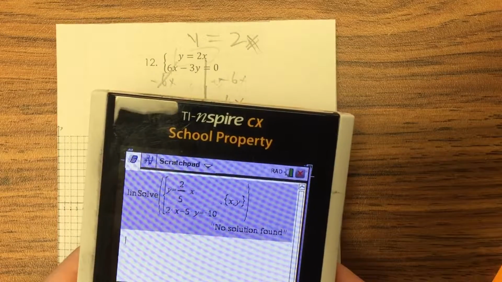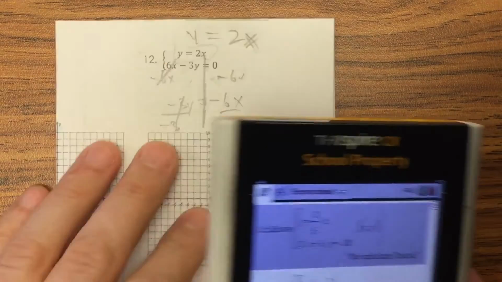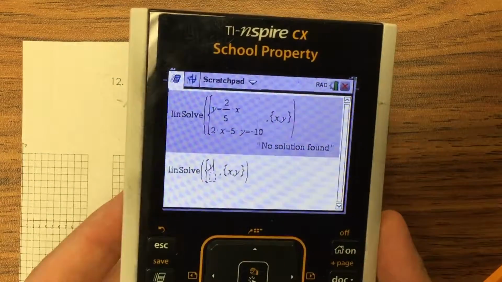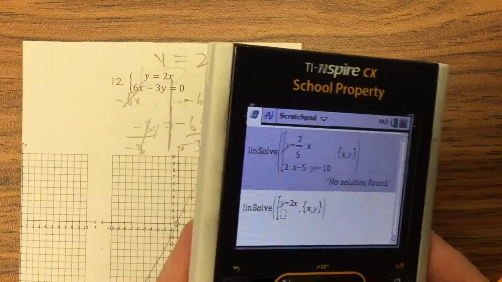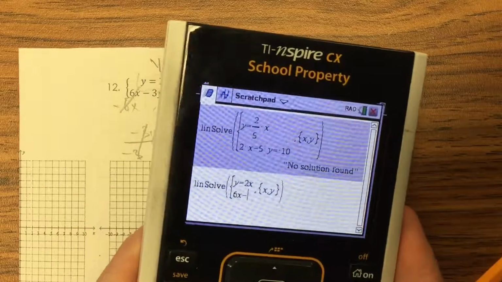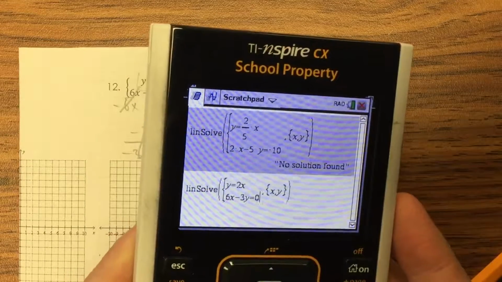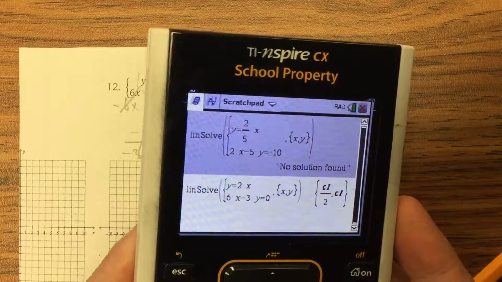So menu 3, 2. Okay. And we have y equals 2x. Arrow down. 6x minus 3y equals 0. This is what you're going to see. It's almost like an answer, but there's something strange in the answer.